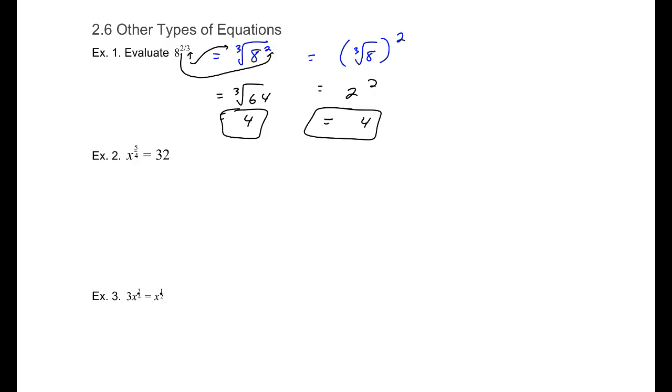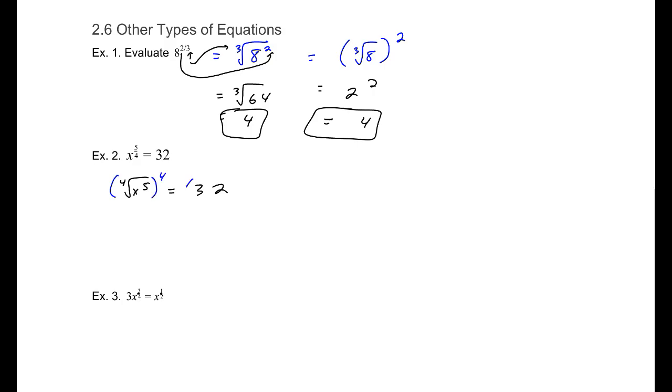So what that means, for example 2, is x to the 5/4 equals 32. What that means is this is the 4th root of x to the 5th equals 32. So what I can do from there is raise both sides to the 4th power.